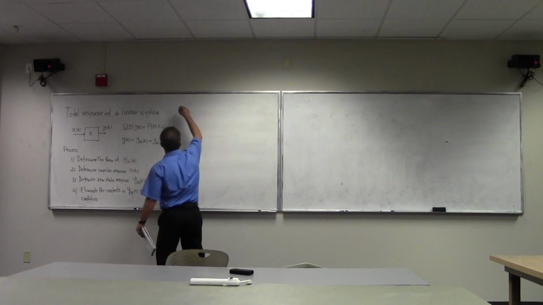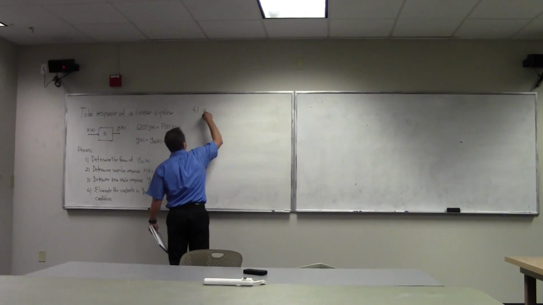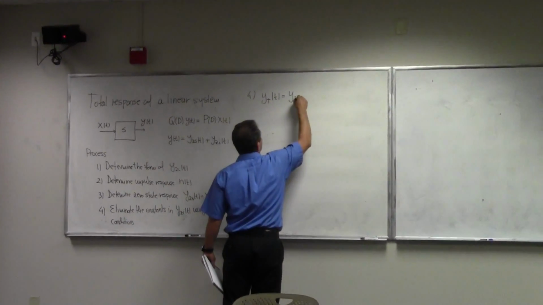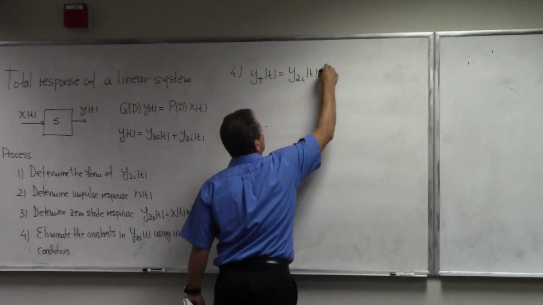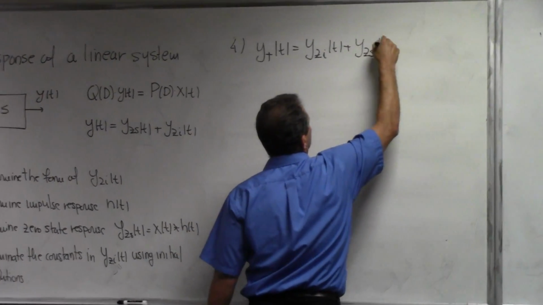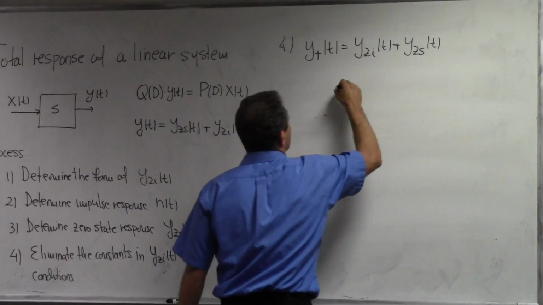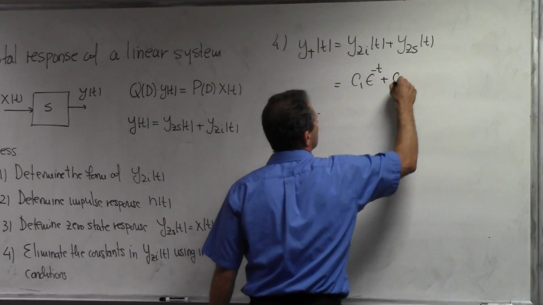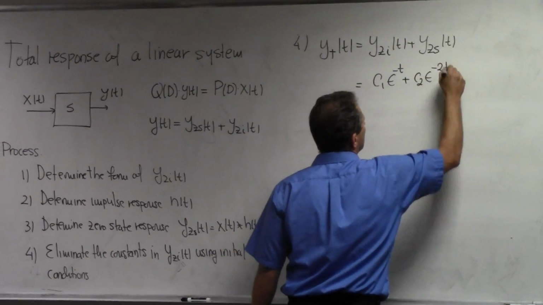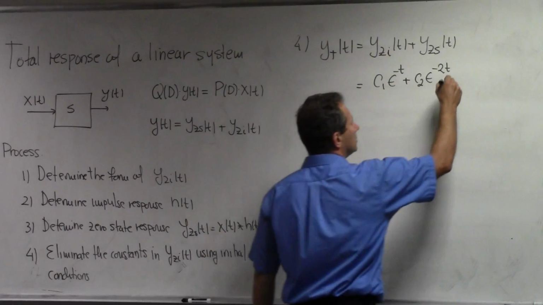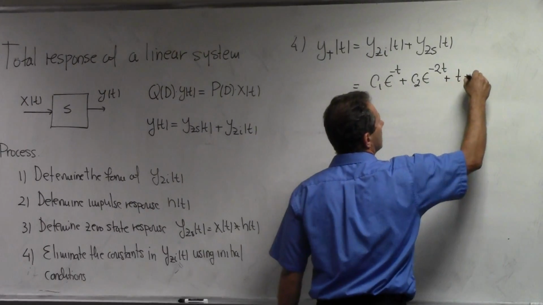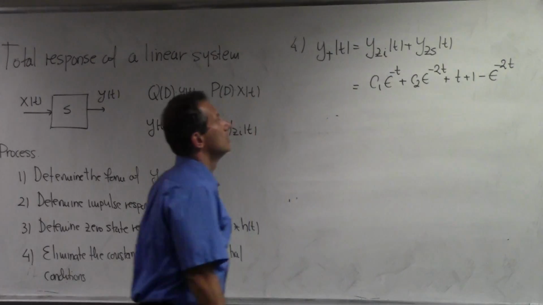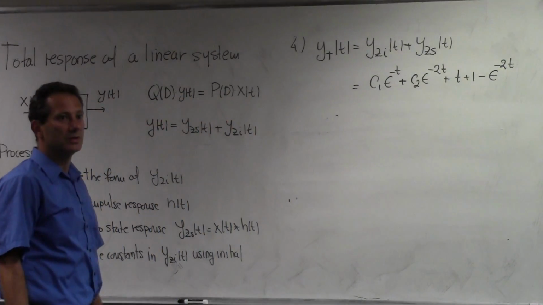In step 4, we say our total response is going to be our zero input of t plus our zero state of t. We have our zero input as c1 e to the minus t plus c2 e to the minus 2t. And we just obtained our zero state to be t plus 1 minus e to the minus 2t. So that's our total response in this case.